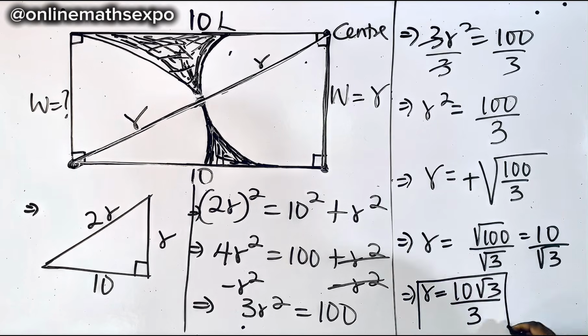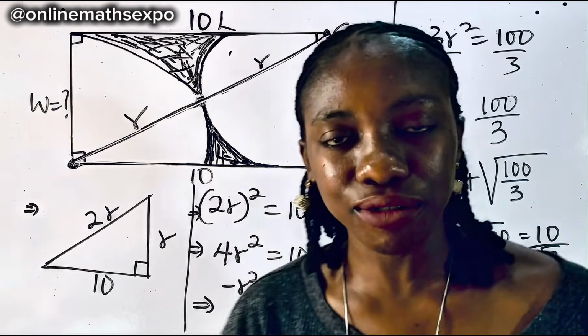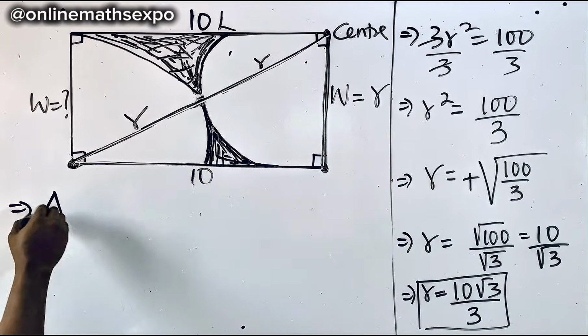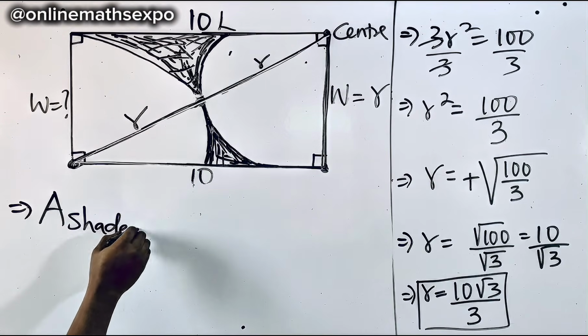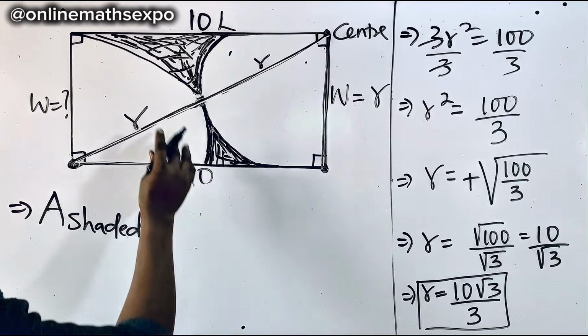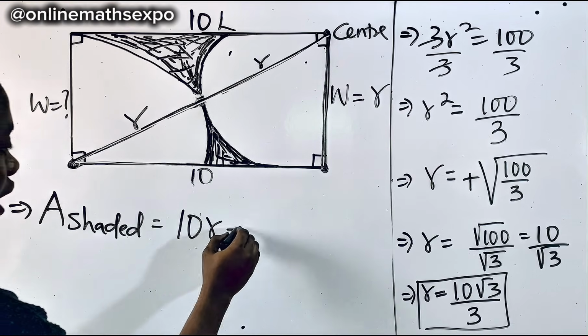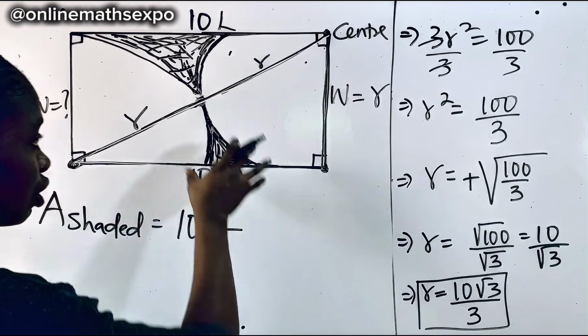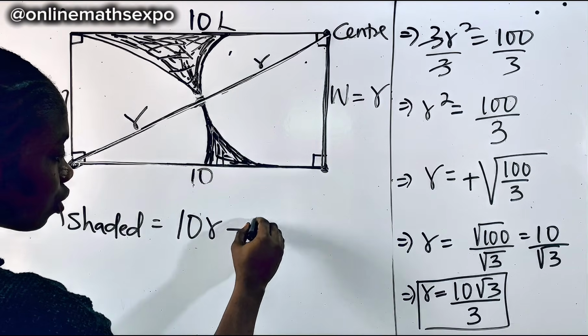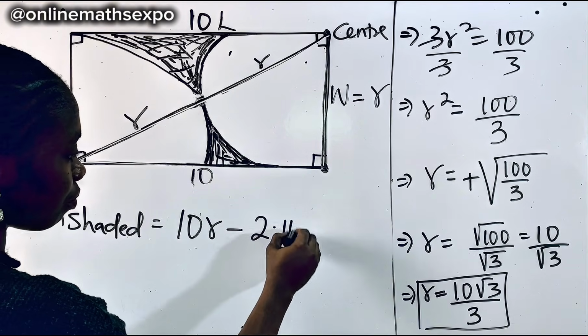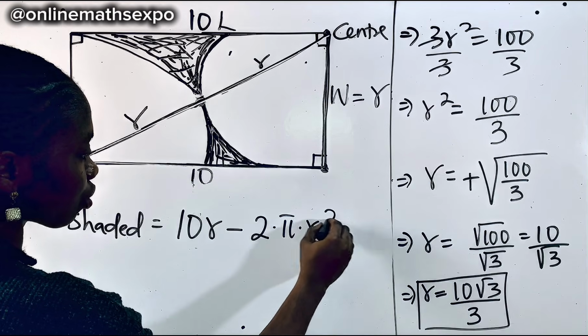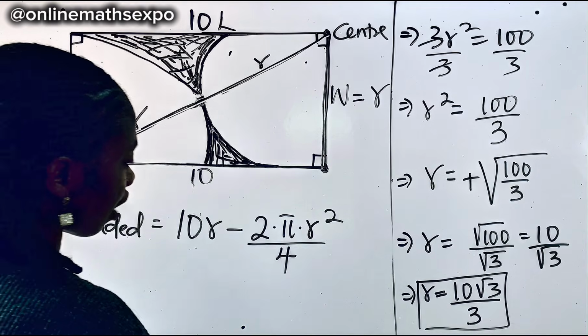Now let's put in this radius to simplify finally. To do that, we have area of the shaded is equal to area of the rectangle, which we said is 10R, minus the area of the two quarter circles, which we say is 2 multiplied by pi multiplied by radius squared and is divided by 4.